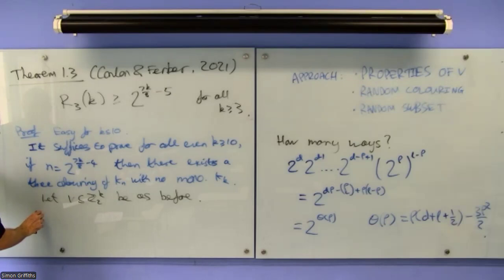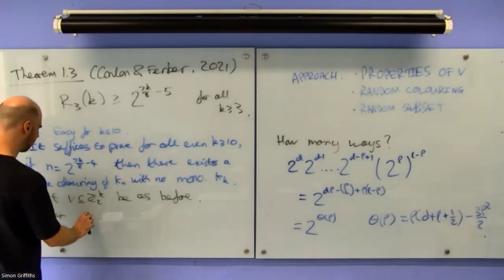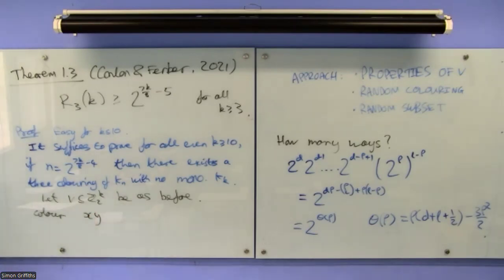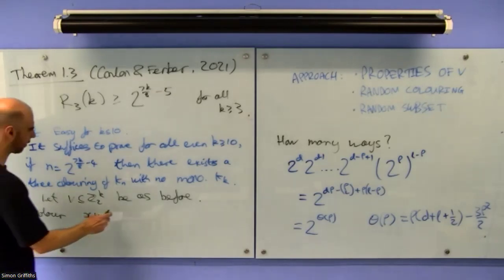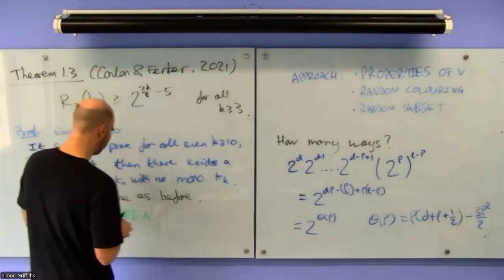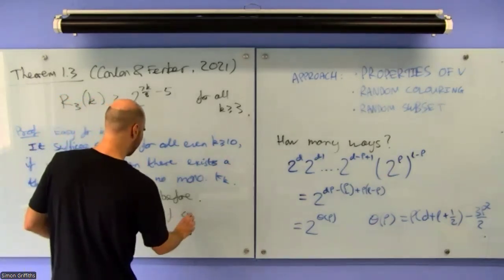So, let's do the colouring now. If you take two vectors x, y in V, we're going to colour x, y green if their inner product is 1.